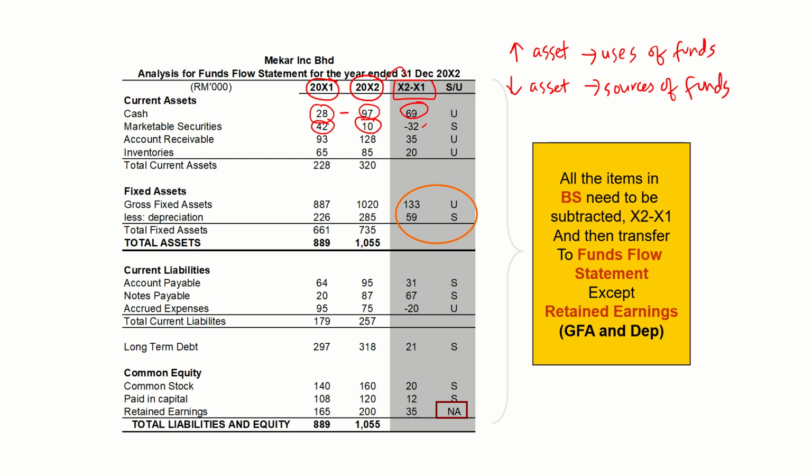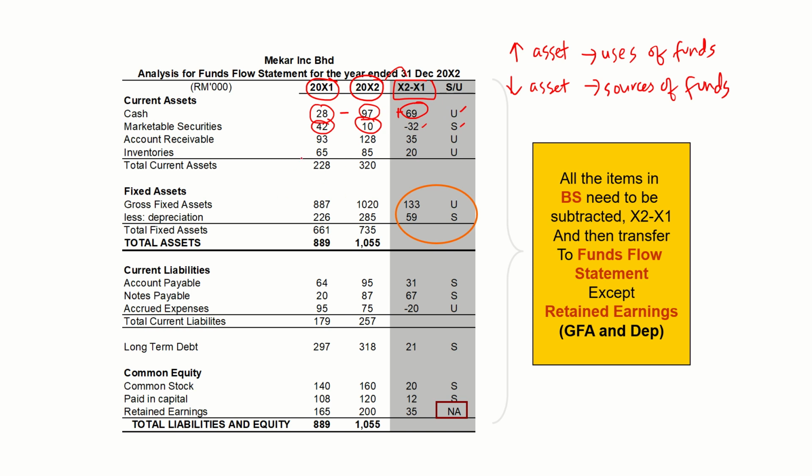So we see here, if there is a positive figure, which means an increase, it's uses of fund. A decrease, a negative figure, is a source of fund. So we divide which one is uses of fund and which one is sources of fund.